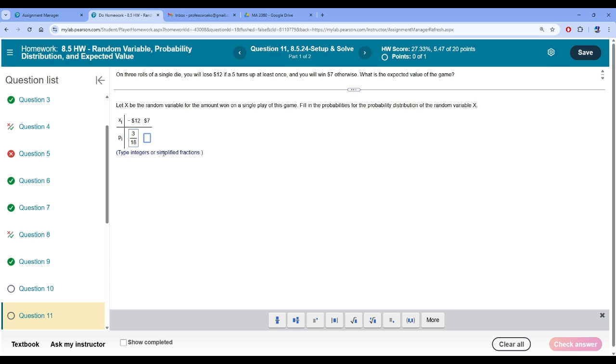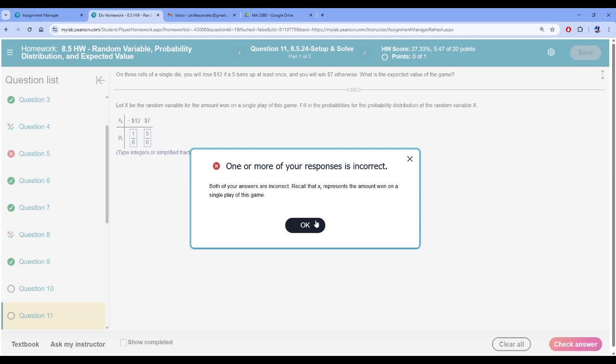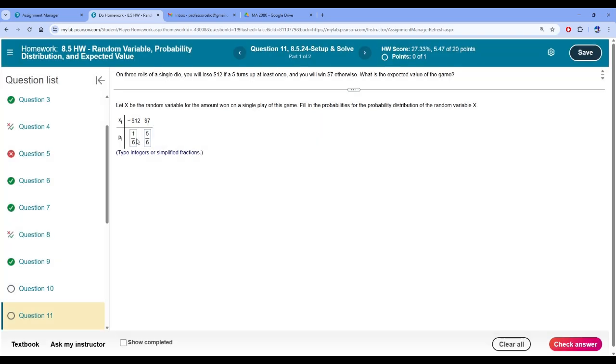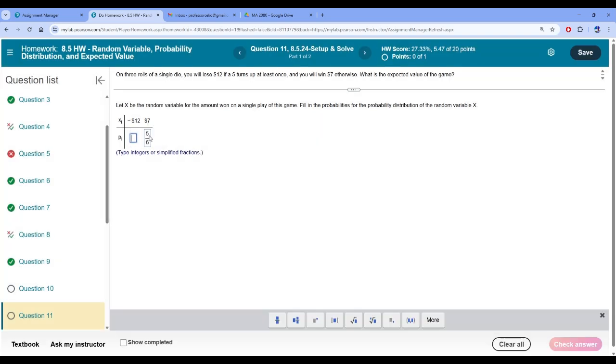Can I do 15 out of 8? So is that 1/6? 5/6? Oh, I don't know what the fraction is of sixths. 0.17, or simplified fraction.